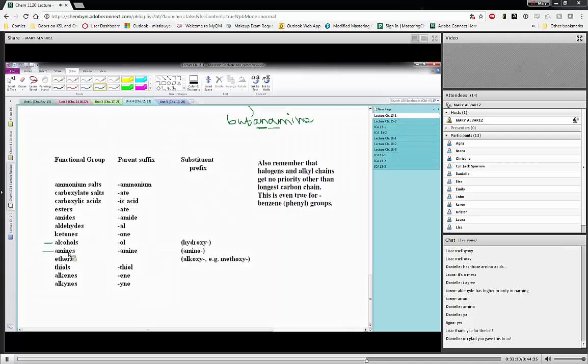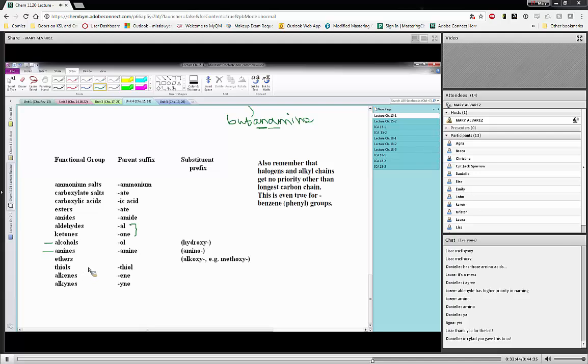But if all you have is an amine and a couple of alkenes or alkynes, then your amine gets to be the highest priority. Now, I hesitate to give you this list because I'm only going to have you compare a few things. I'm never going to give you something with an aldehyde and a ketone, because then you don't know which one to name as a substituent or how. So I could give you an alcohol with any of these higher priority groups, or an amine with any of these higher priority groups, or I could give you alcohol amines with any of these lower priority groups.